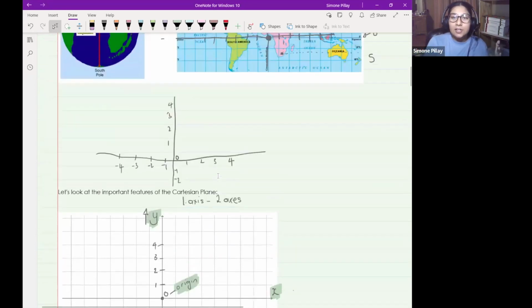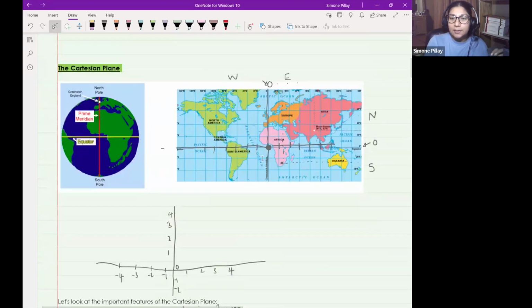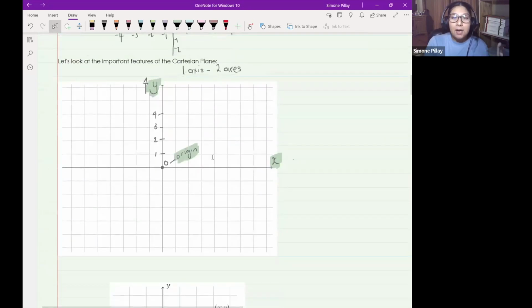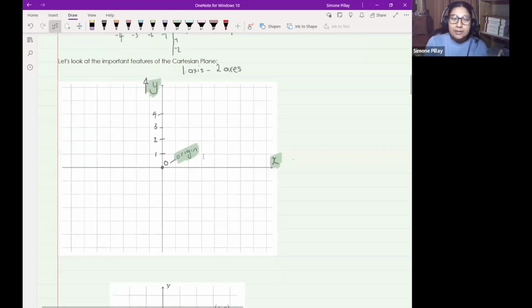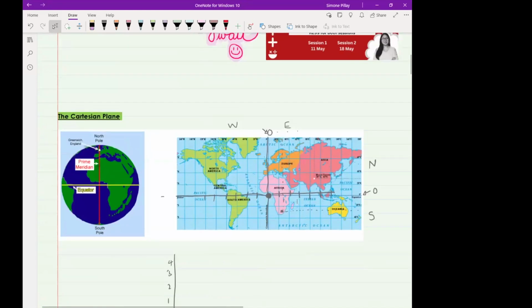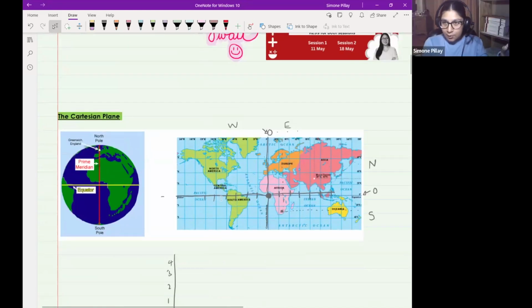The only reason I introduced it like this was so that you could relate it to something that you know. In maths, we have the Cartesian plane, which has similar features to our longitude and latitude lines, the equator and the Greenwich meridian, but it's not that. I only introduced it like this to show you how the concepts are kind of similar. So Alia, I hope that answers your question.